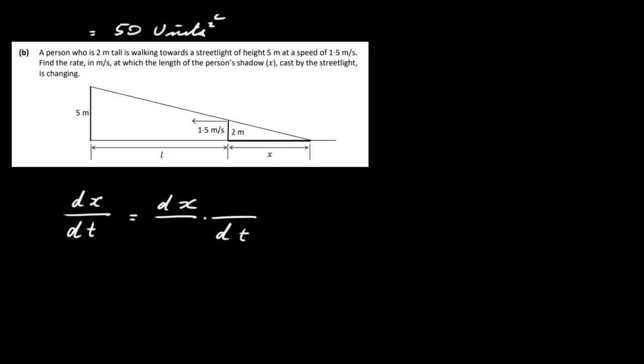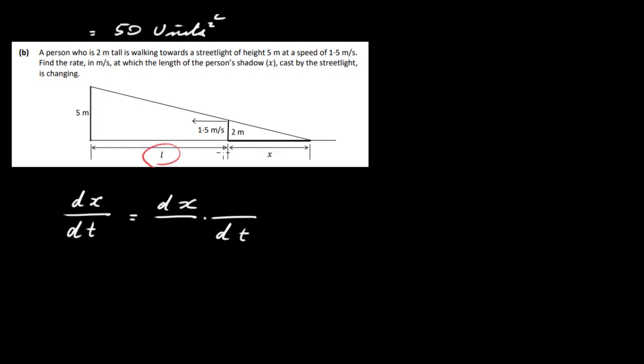The other thing that's going to change here is L. This thing here is going to change, and we are given some information about that in the question. We're told that the speed of the person walking towards the street light is 1.5 meters per second. In other words, L is changing.